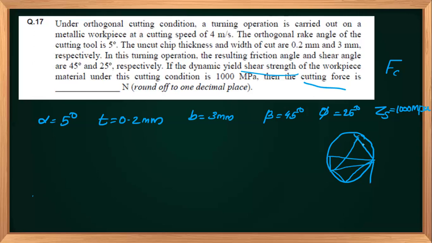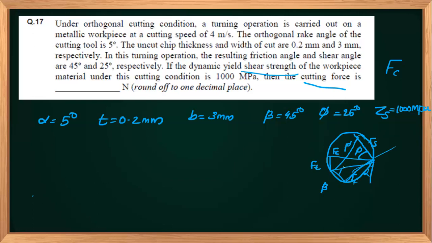Please pardon me, I'm not so good at this. So this will be my phi, and this is my beta. This is Fc, the cutting force, and Ft, the thrust force. This is Fs, the shear force, and its normal, N. This angle will be alpha, and this is the frictional force and its normal. So this is your Merchant circle diagram.